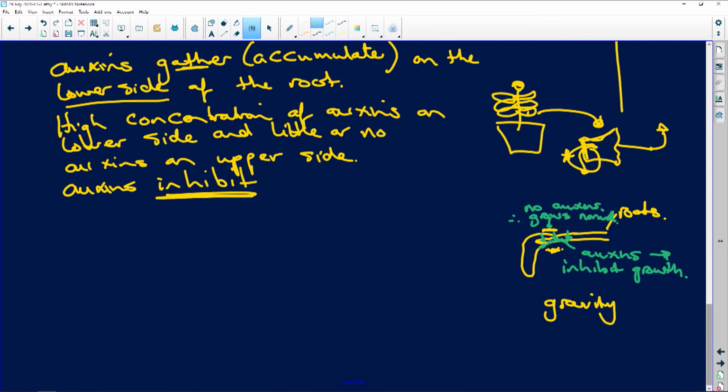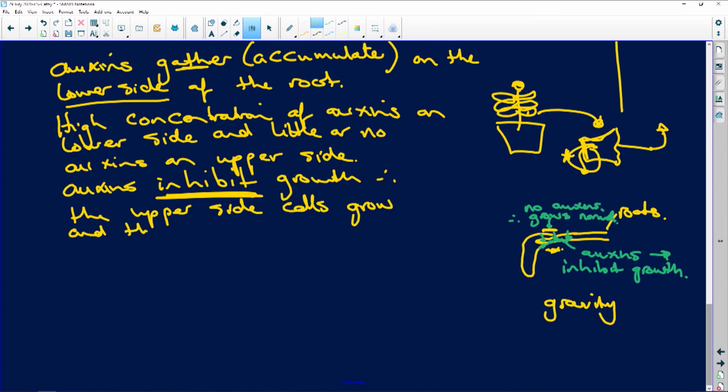So in stems they stimulate, in roots they inhibit growth. Therefore, the upper side cells grow, and the root tip grows downwards.